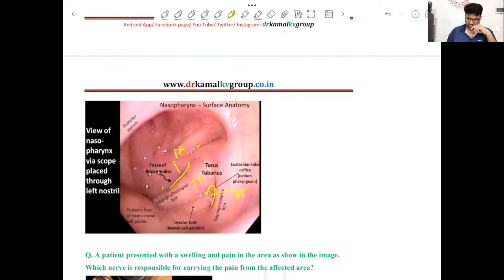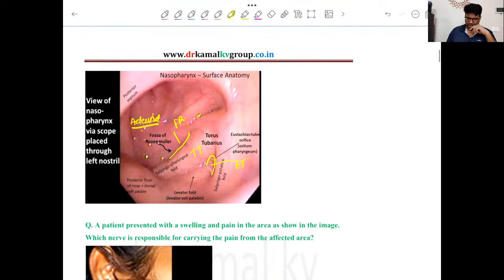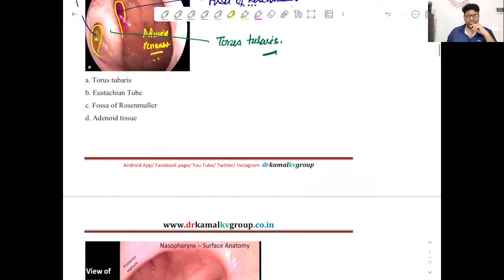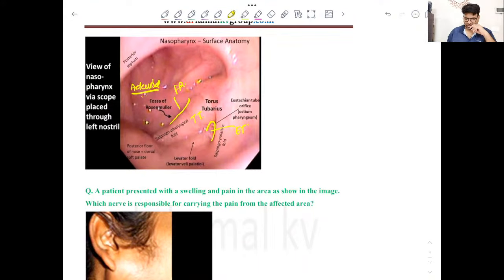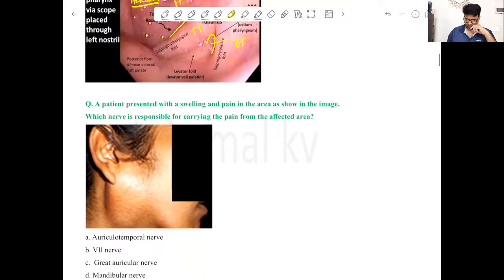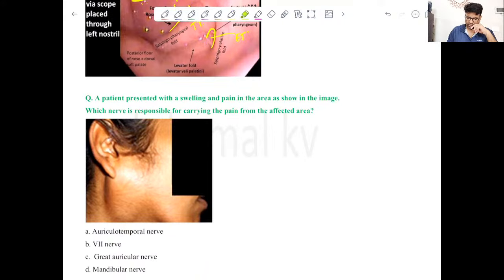And this is the place where adenoid was present in childhood. So this is the appearance of the nasopharynx. Please remember the nasopharynx because it is one of the favorite areas, in fact the topic as such is very important. Now let us take another question.